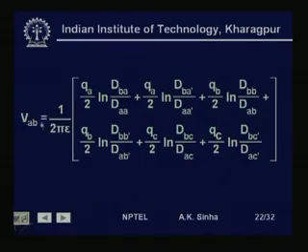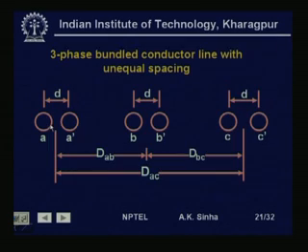So, now again we need to find out the voltage difference between the 2 phase conductors. So, we find out VAB. Now, here what we have assumed is that conductor A is having a total charge of QA, and since we have a 2 conductor bundle, each subconductor in the bundle will be having a charge Q by 2.